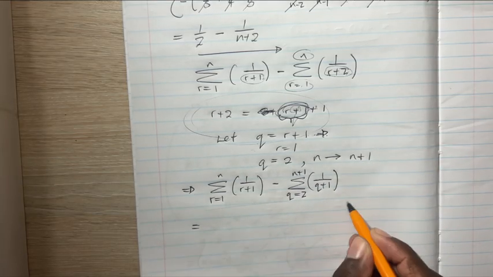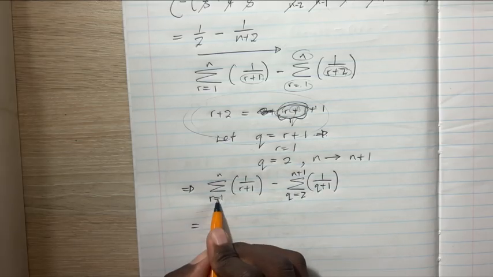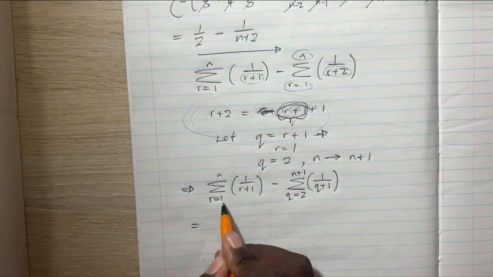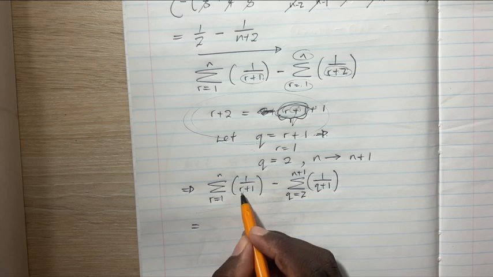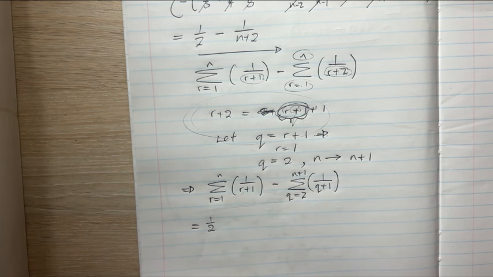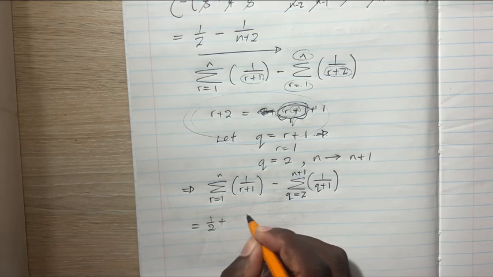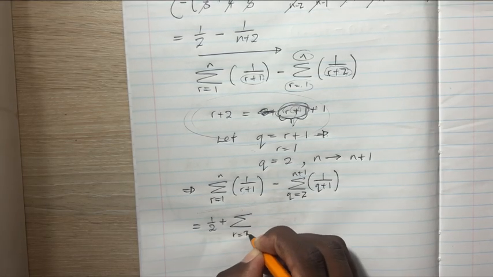Okay, this is what we have now. This starts at 2. That means this has an extra term at the beginning where r equals 1. Let's take that term out. Put r equals 1 here, you get 1 over 2. That's 1 over 2 plus, then the remainder of the sum is r equals 2, right?